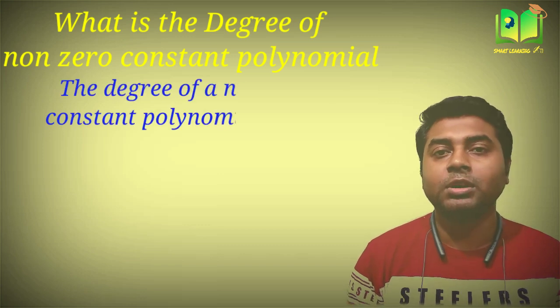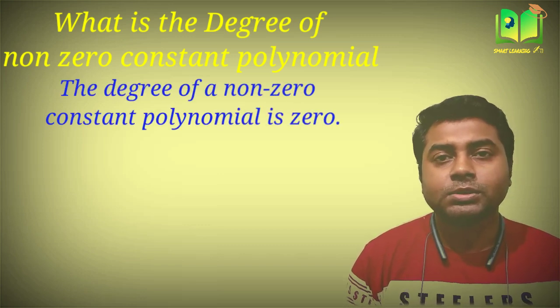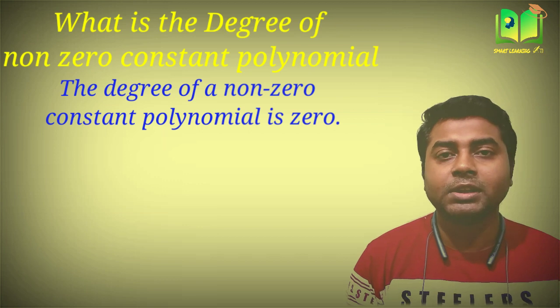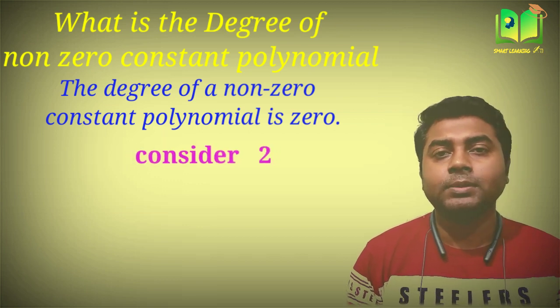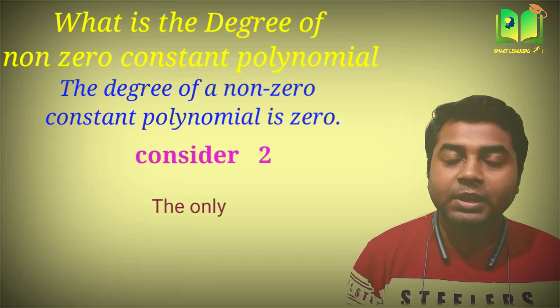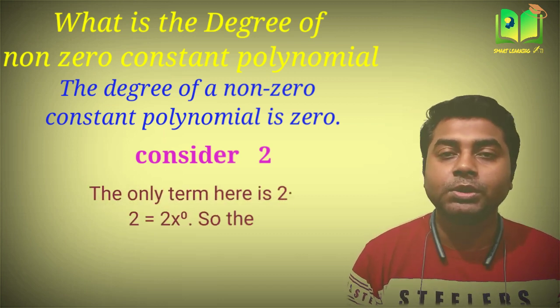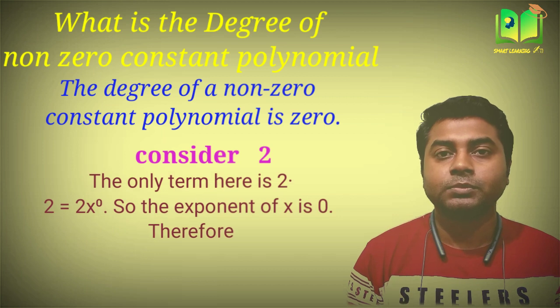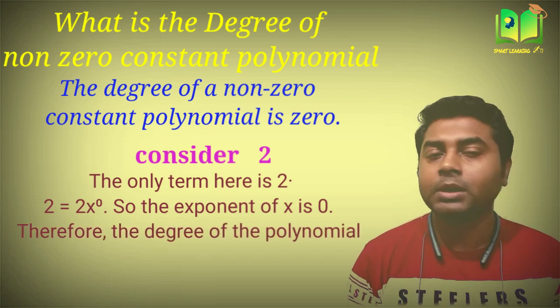Now we will learn what is the degree of a non-zero constant polynomial. Non-zero means we will not take 0 here. So suppose I am considering here 2 as the term. So we can write 2 equals 2 into x to the power 0. X to the power 0 means what? 1.